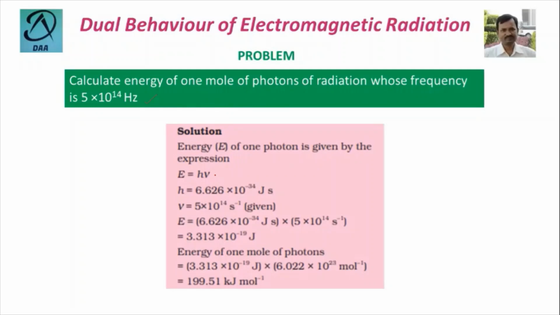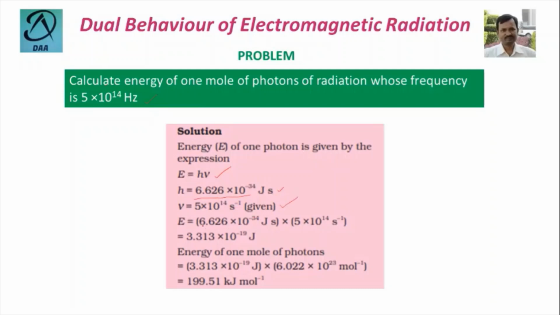We know the equation E is equal to h nu, where h is the Planck constant, and its value is 6.626 multiplied by 10 to the minus 34 joule second. We have to always remember this. And nu means frequency, which is 5 multiplied by 10 to the 14 per second.